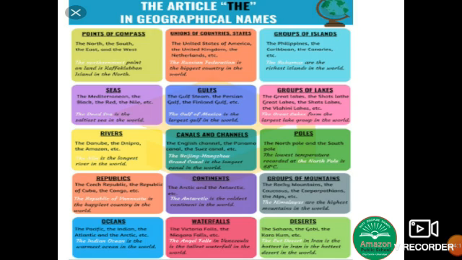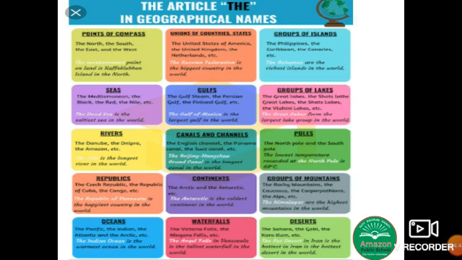The third rule is, whenever it is rivers, seas or oceans, you can use the. For example, the Ganges, the Pacific Ocean, the Himalayas. Your next rule is, if you talk about well-known buildings, you can use the.